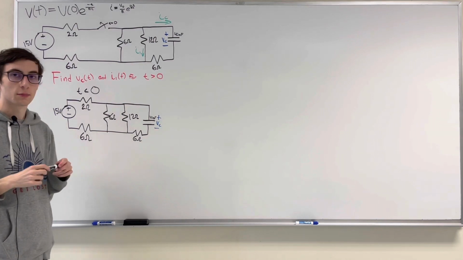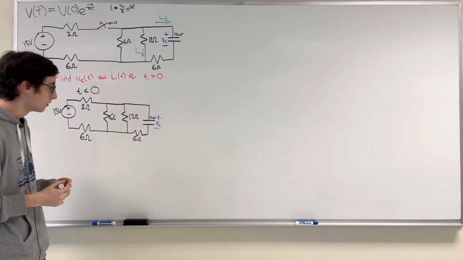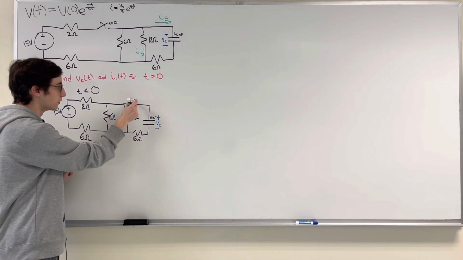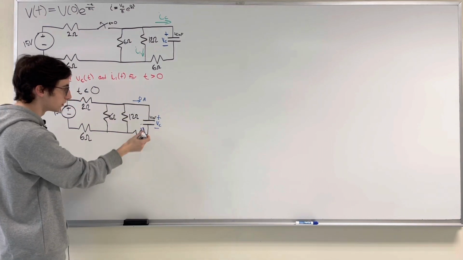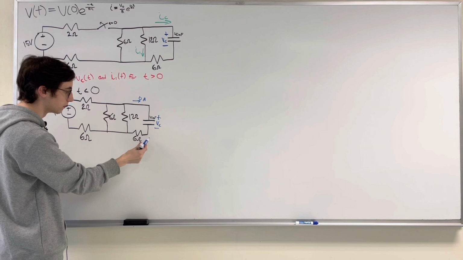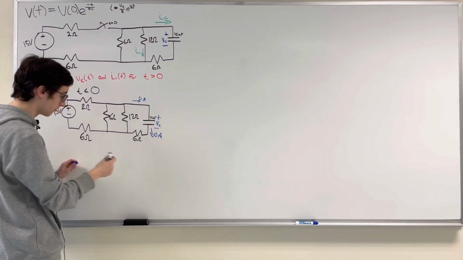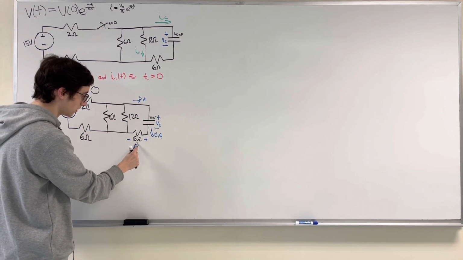We know that capacitors under DC conditions become an open circuit. So the current is going to be 0 amps over here, and the same down here, because current can't come across this capacitor. So that means the voltage across this resistor is 0 volts.